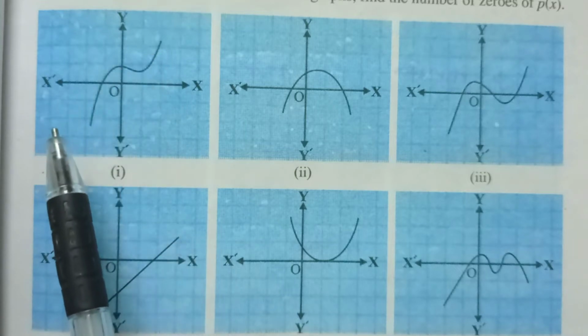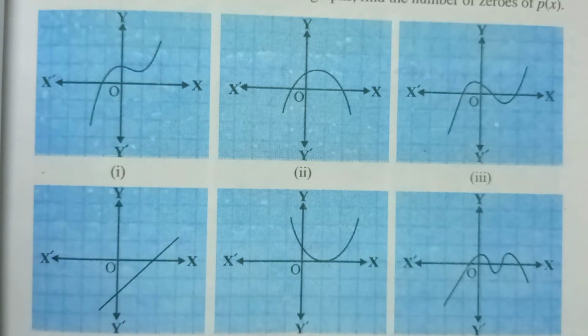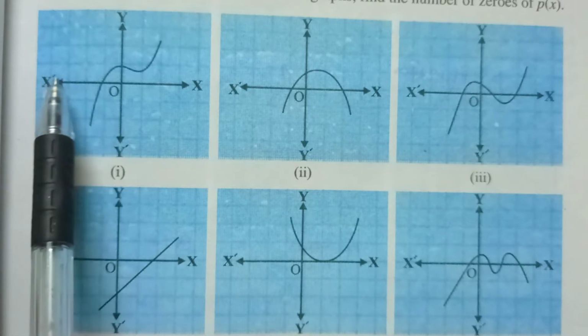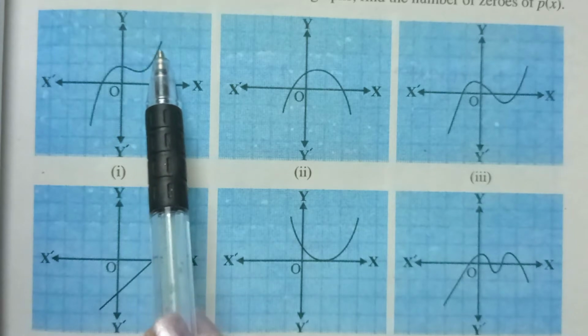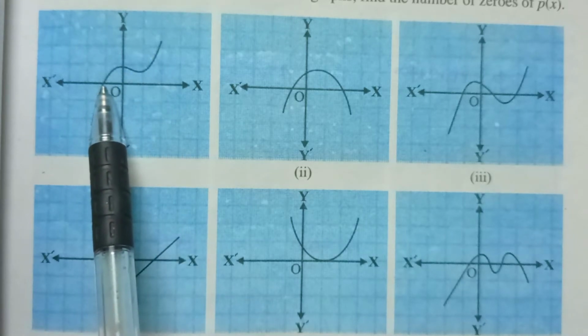For finding the zeros of the polynomial, we have to find how many points there are where the graph touches the x-axis. The graph is going like this and it is touching only one point. Therefore, the number of zeros of this polynomial is 1.